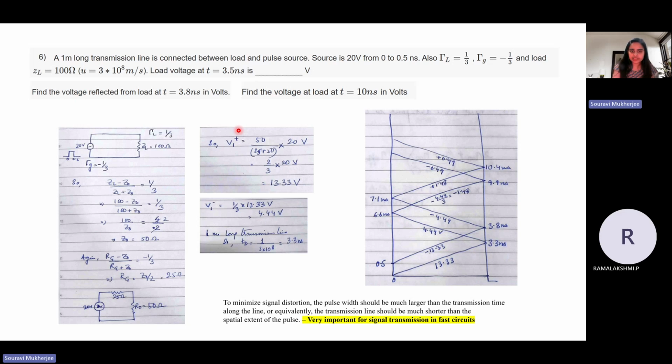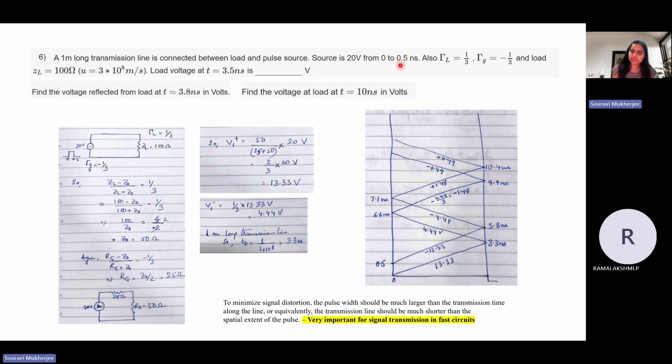Here again, what you are seeing is that TD, the transmission time, is 3.3 nanoseconds, while the pulse width is much smaller, 0.5 nanosecond. So this is not an ideal condition, right?